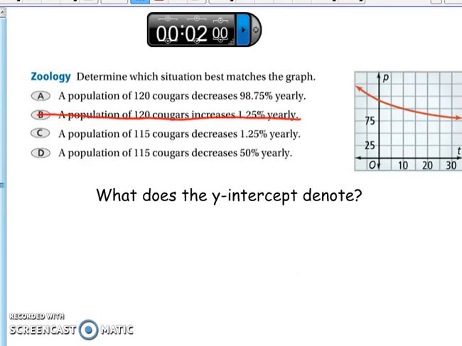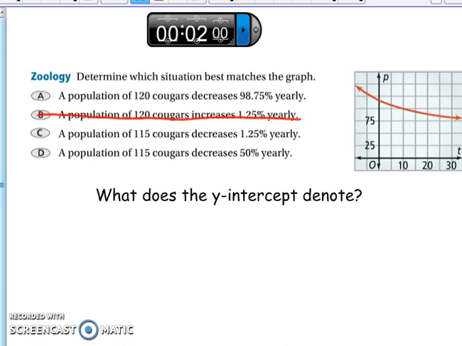If we look at the different percentages of decreasing, so the population of 120 decreases 98.75% yearly. That means that it's going to be a very steep decrease. And if you look at the graph, it's not that steep. So C is 115 cougars decreases 1.25% yearly. That predicts a slight decrease. And D says 115 cougars decreases 50% yearly.